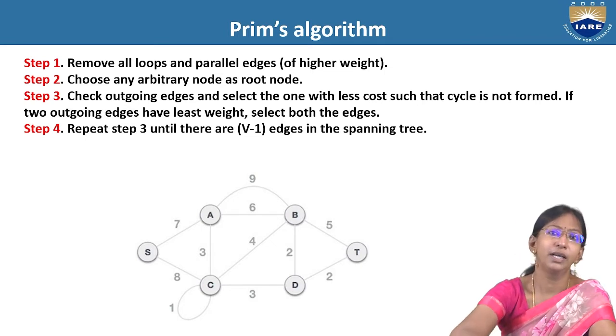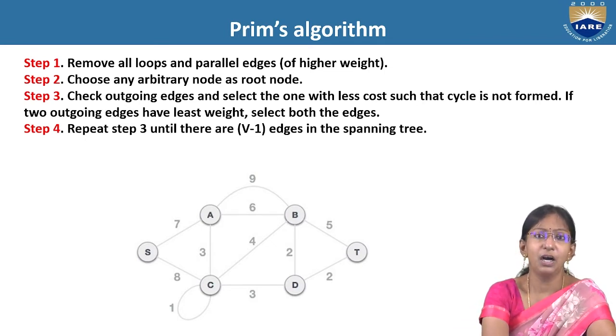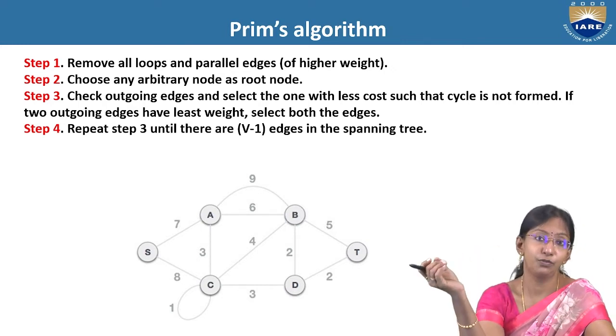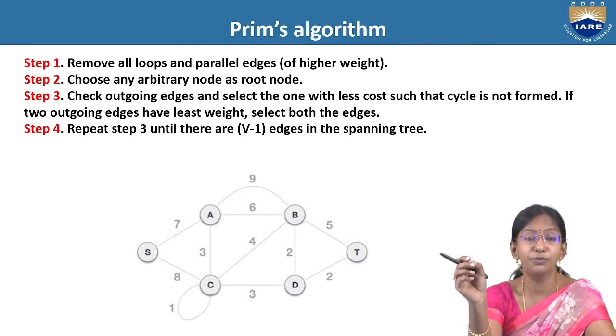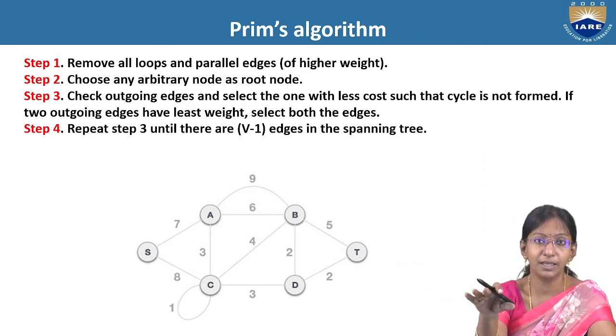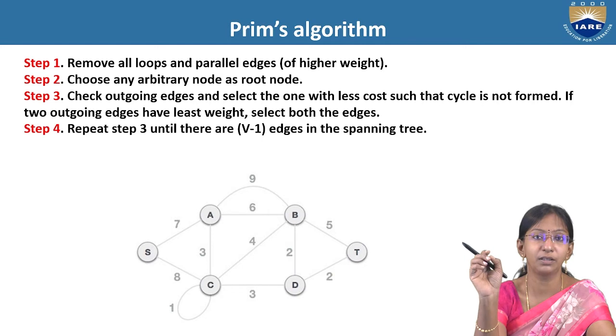Now check outgoing edges and select the one with least cost, and see that it does not form any cycle. If it forms a cycle, discard it. If it does not form a cycle, add it to the spanning tree.